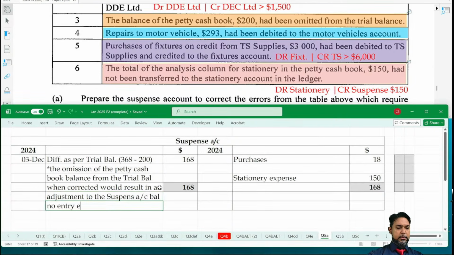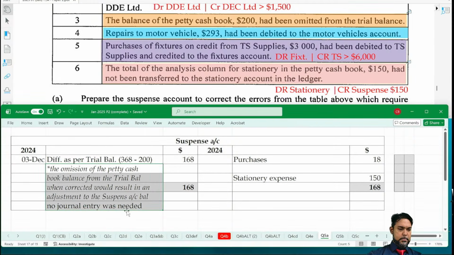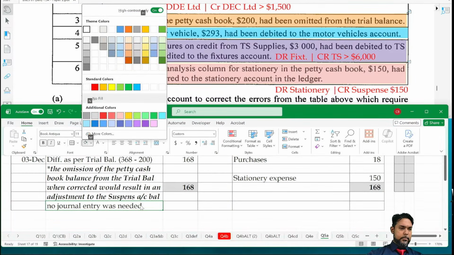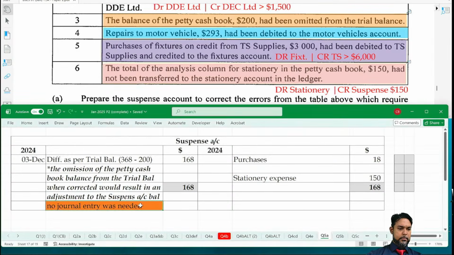No entry was, no double entry, no journal entry was needed. Yeah, no journal entry, and thus no entry in the suspense account was needed.